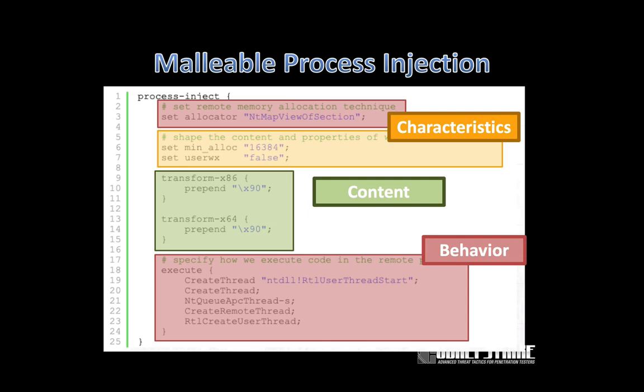The way execute works is you specify what you want Beacon to try. When Beacon has to do process injection, it will evaluate each option to see if it is plausible for the current context. If it is, Beacon will try it. If the option succeeds, it's done. If it does not, Beacon goes on to the next option.